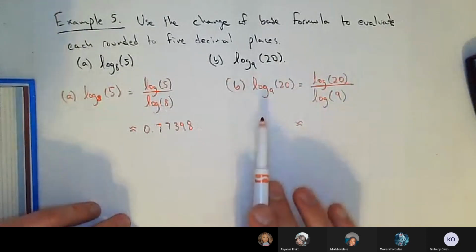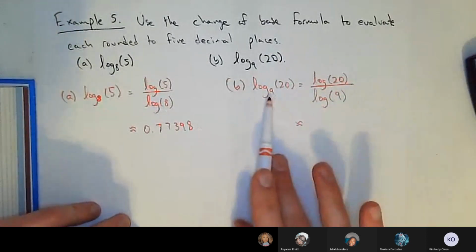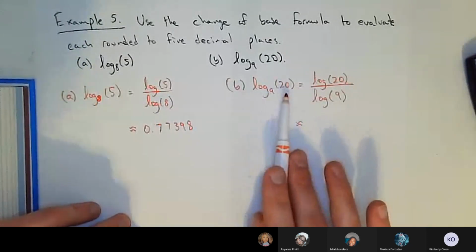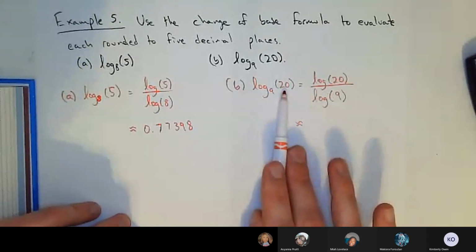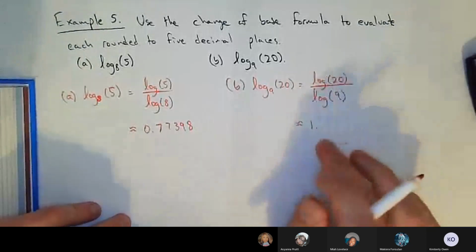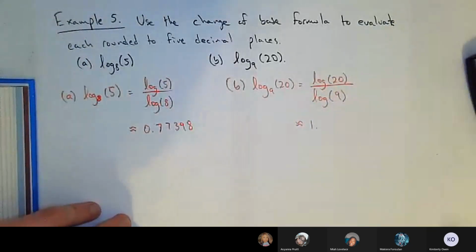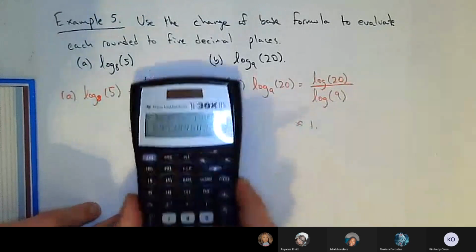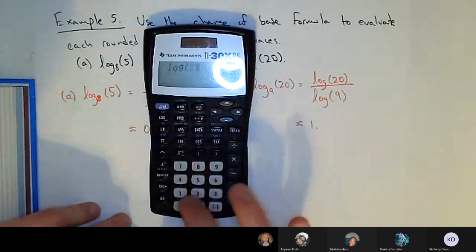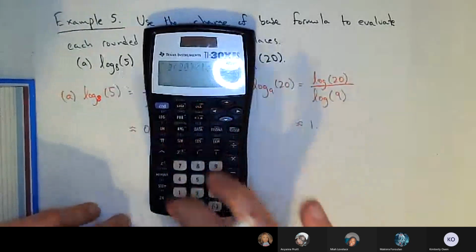But we do know it's going to be between 1 and 2 because 9 raised to the first power is 9, and 9 raised to the second power is 81. So 20 is closer to 9 than 81. So I'm expecting like 1.2, maybe 1.1, something like that. Okay, let's see what it actually is according to the calculator. Let's get an approximate answer here.